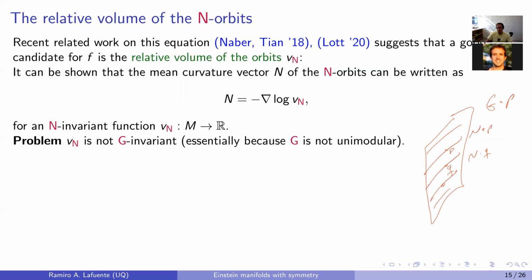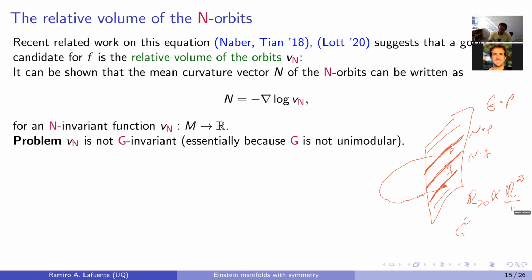And the problem is that even though V_N is invariant along each N orbit, when I move around and come back here, the relative volume will change, because of the action defining the semidirect product.